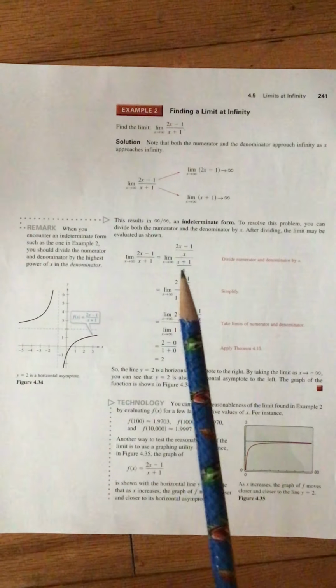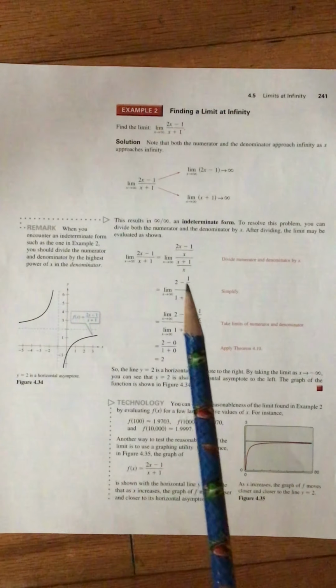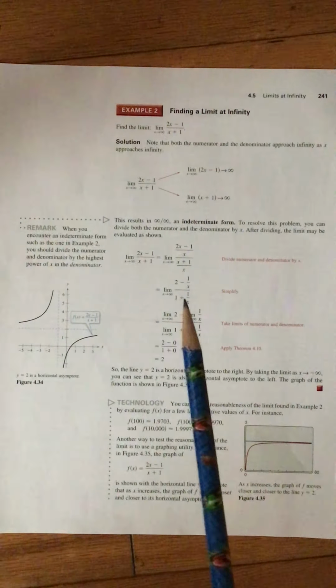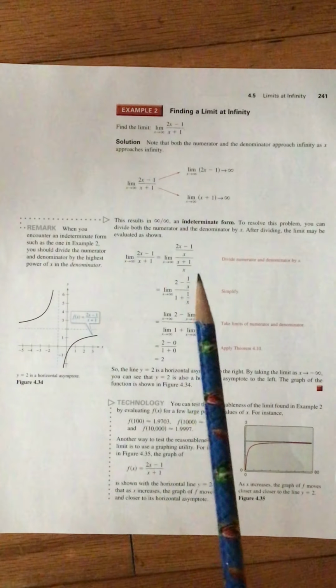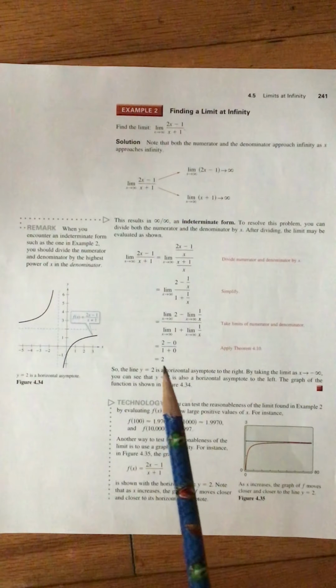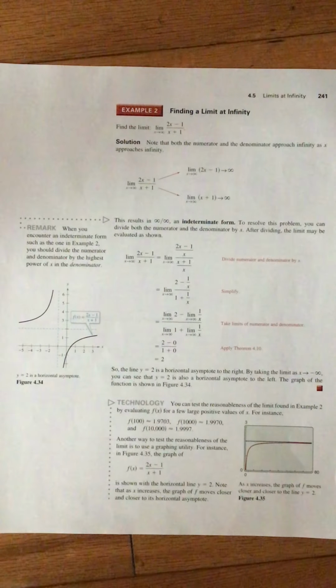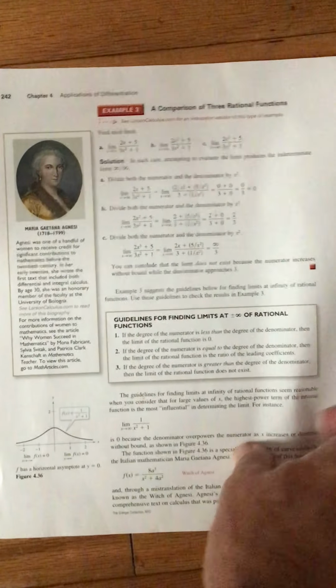We haven't done anything wrong. That leaves me with the limit as x approaches infinity of 2 minus 1 over x, over 1 plus 1 over x. There's that 1 over x, that limit is 0. And so we're left with 2. And so we can find limits by evaluating them, for example, each of these.